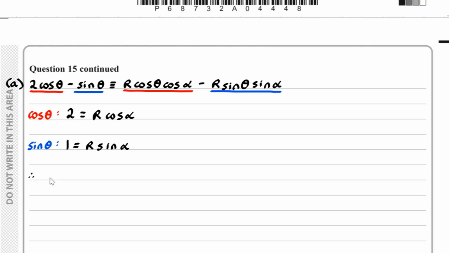So therefore, tan alpha is equal to 1/2, dividing the equations.